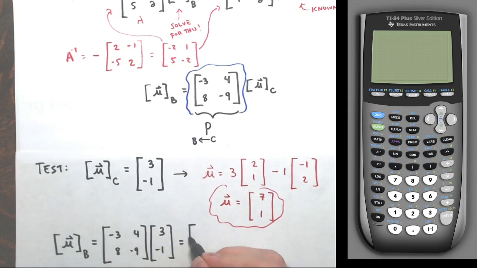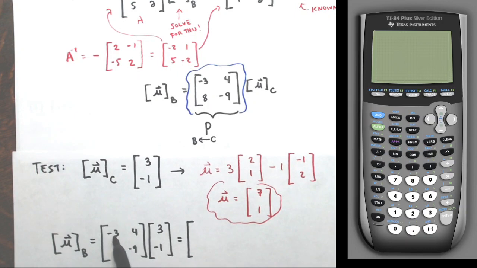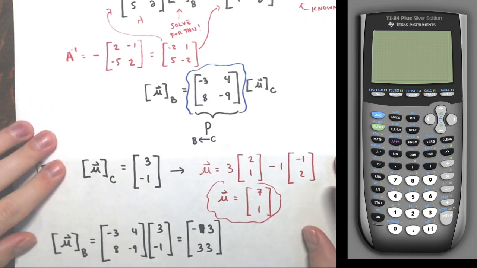Let's see what we get. The first component, negative 9 minus 4, is negative 13, and then 24 plus 9 is 33. So negative 13 and 33 are the coordinates of vector u with respect to basis B.